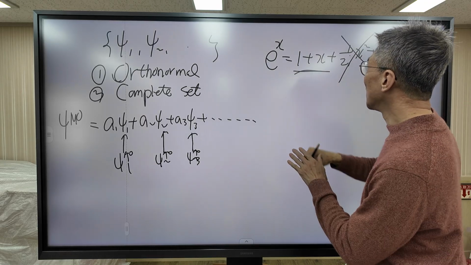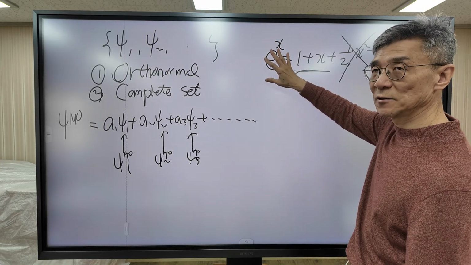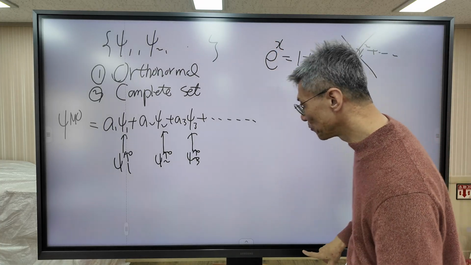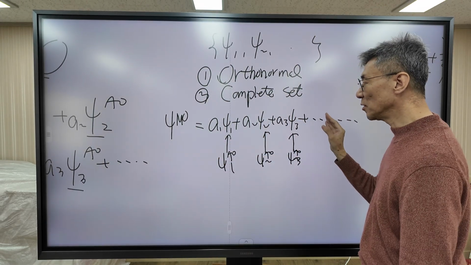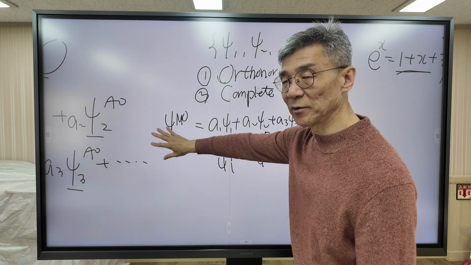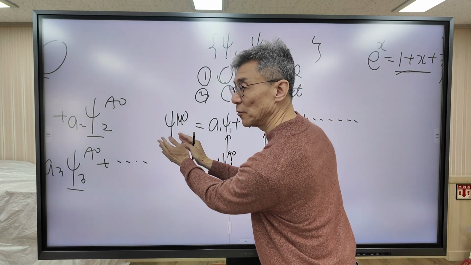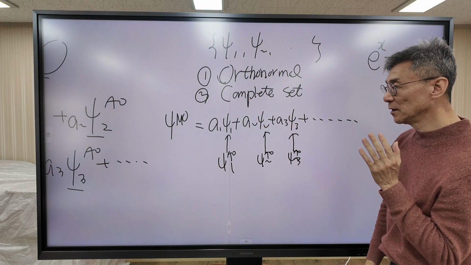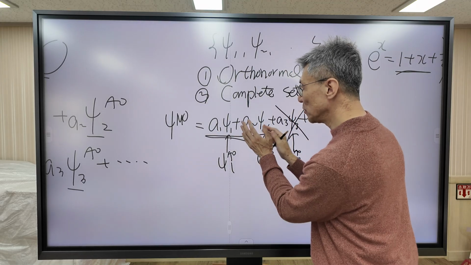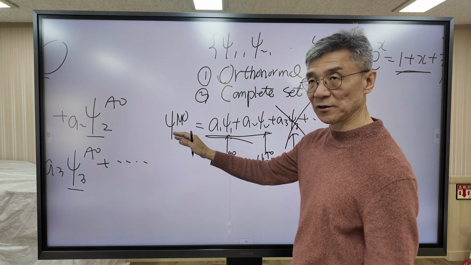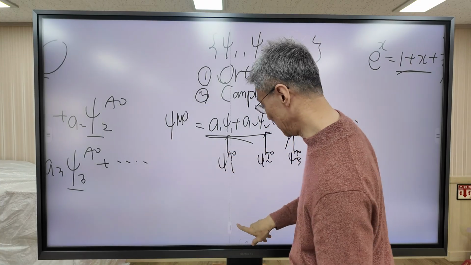Only two terms are enough to approximate this function, so this approximation is very useful. Similarly, to construct a molecular orbital, the more terms you add, the closer you get to the true molecular orbital. But in many cases, if you ignore higher order terms, two terms give a satisfying result, right? Only two terms are enough to approximate a molecular orbital.